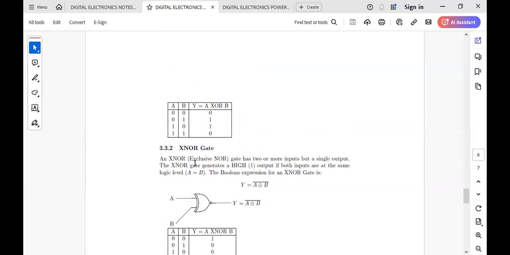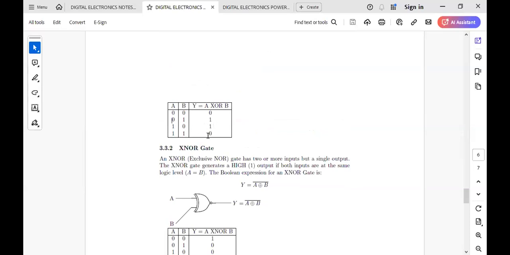Then we talked about XOR. What did I say about XOR? I said it outputs 0 when the inputs are both 0 and outputs 1 when the inputs are opposite. So when the inputs are opposite, it outputs 1. But when the inputs are the same, it outputs 0.